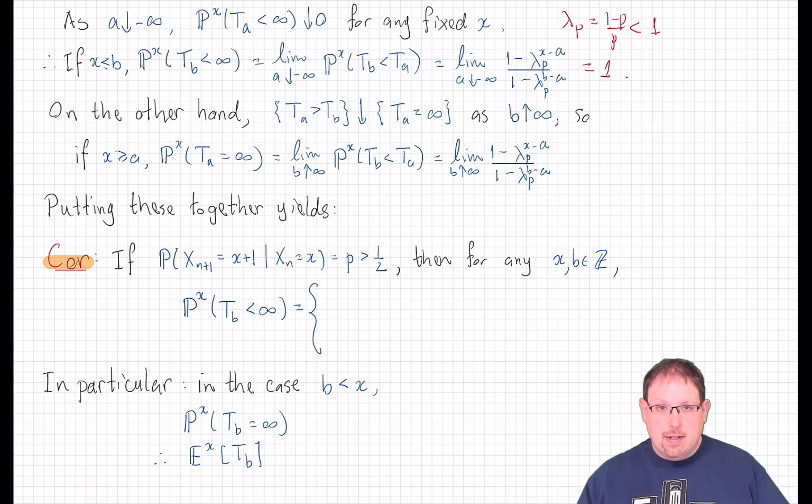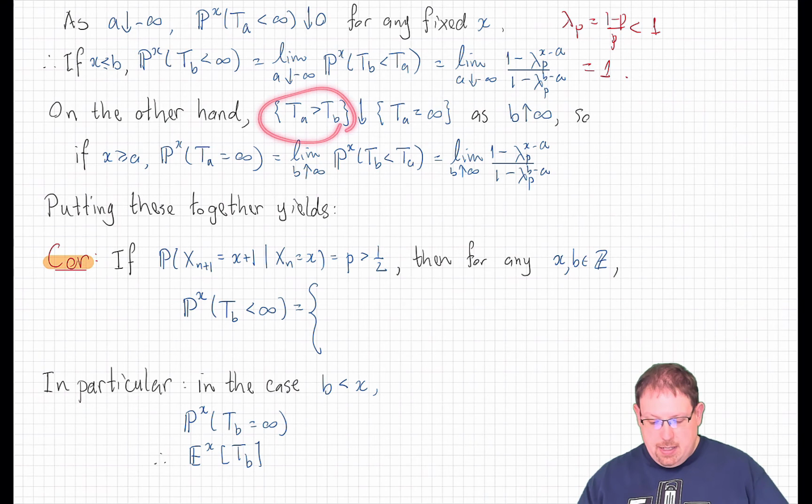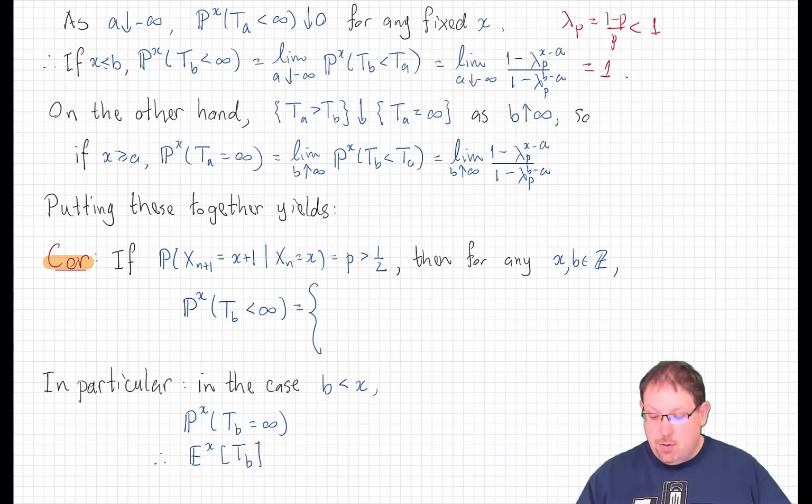On the other hand, what's the probability that we reach a? Now we're going to have to take b off to infinity to compute that. So the event that TA is bigger than TB decreases to the event that TA is equal to infinity as b goes up to infinity, for the same reason.